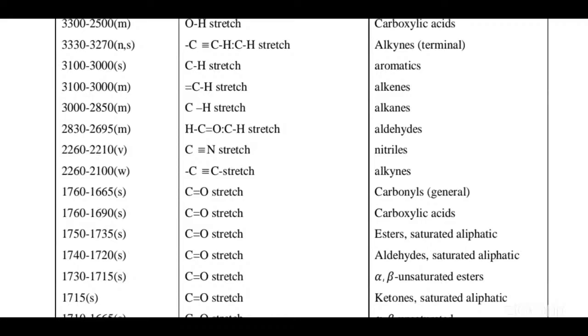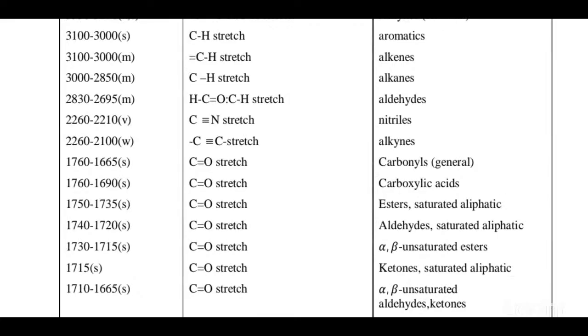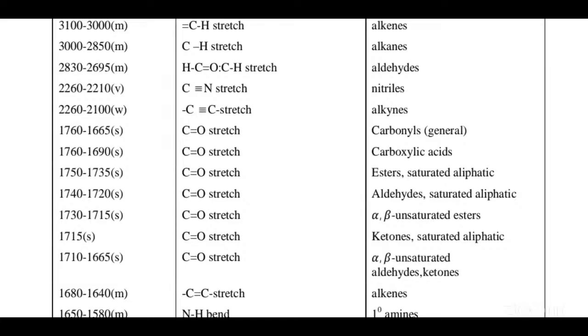And the C≡N stretching in cyanides, nitriles, is 2260 to 2210. And alkyne C≡C stretching is 2260 to 2100. And the C=O stretching frequency in carbonyls like aldehydes and ketones is 1760 to 1665. And the C=O stretching frequency in carboxylic acids is 1760 to 1690.